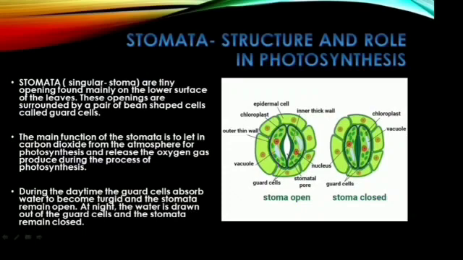Now, this leads to a condition that is called turgid. The guard cells now become fully hydrated, and this condition is called turgidity, or simply the guard cell is called turgid at that particular moment when there is a lot of water inside it.